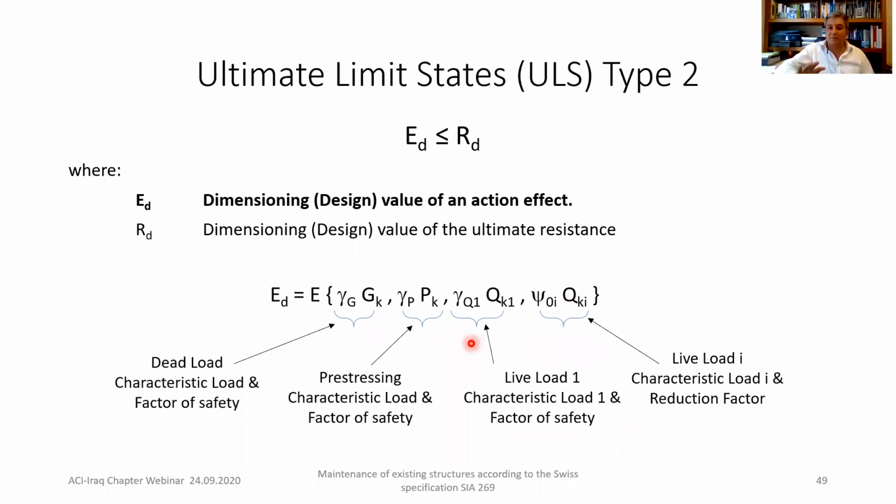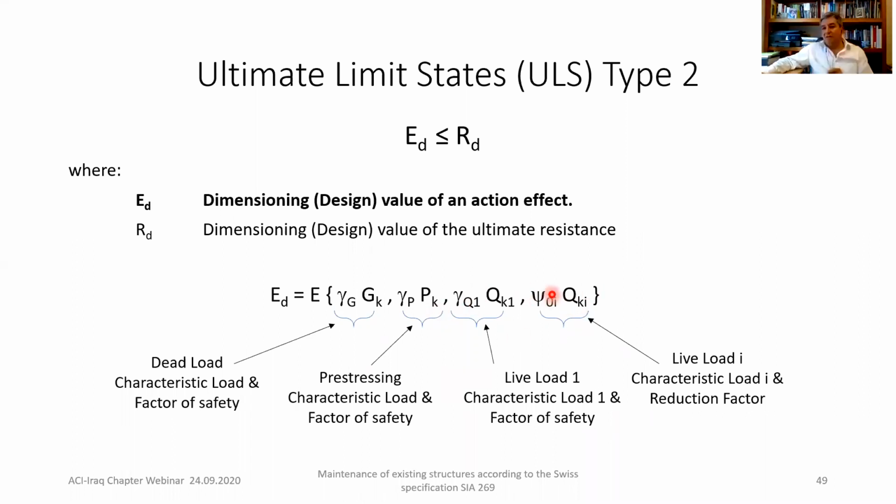Just a small example, if we have a roof for a building and we have live load, dead load, and snow load. If the snow load is higher than the live load, we will use Q_k1 as the important one, and use the full factor of safety for this part.